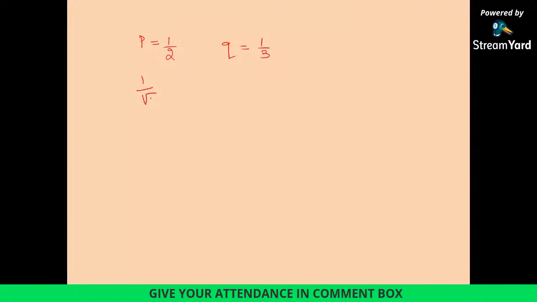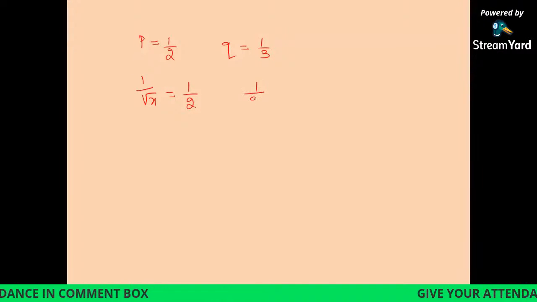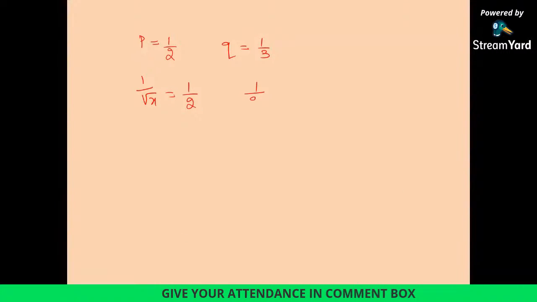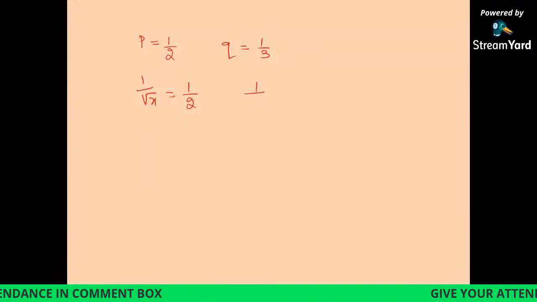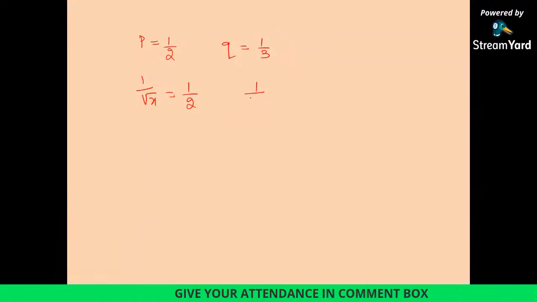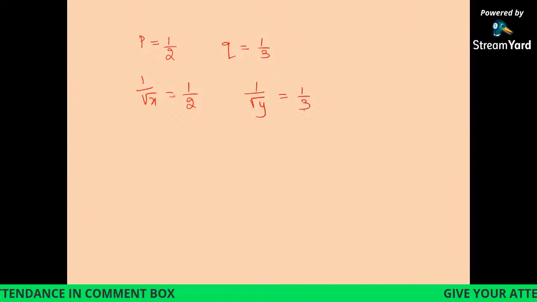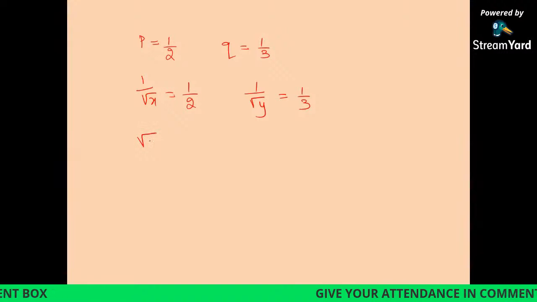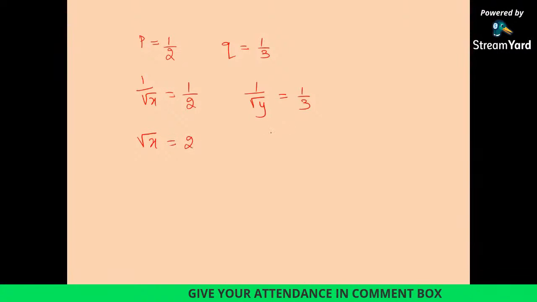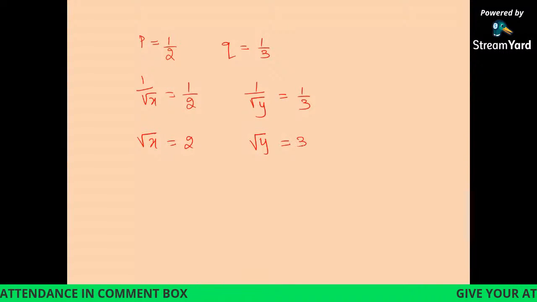It is 1 divided by root x is equal to 1 by 2, and q is 1 divided by root y, isn't it? Here root y is equal to 1 by 3. A small step that you have to do, taking reciprocal on both sides. We got the value for root x as 2 and root y as 3.